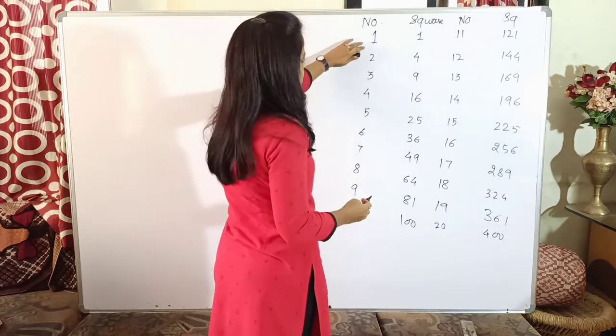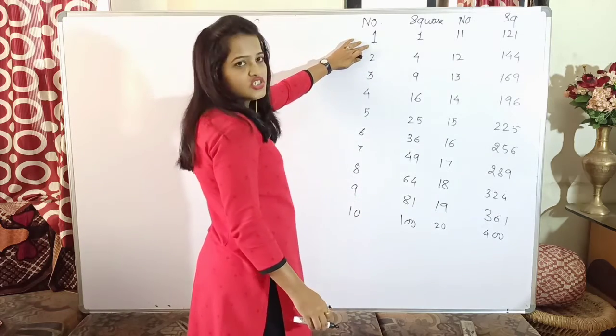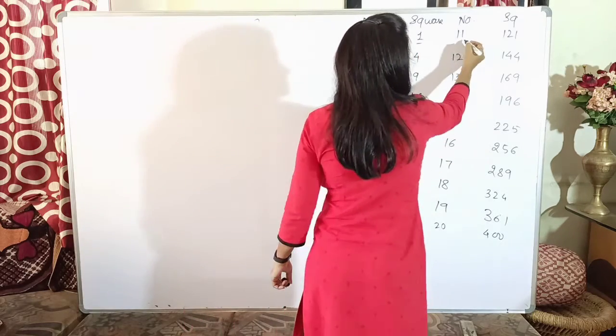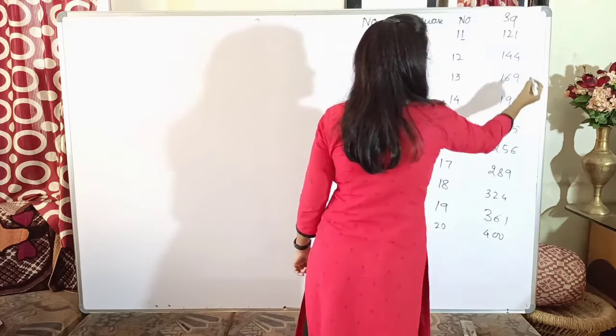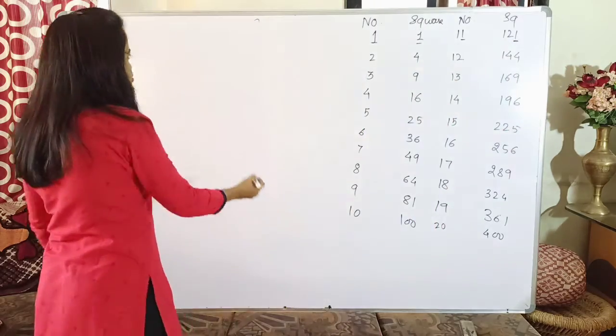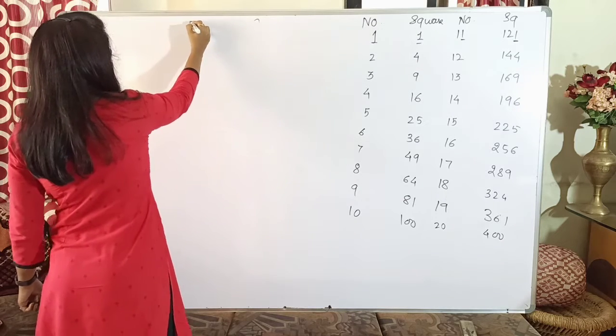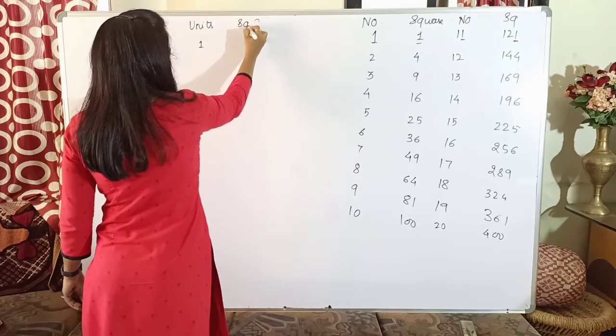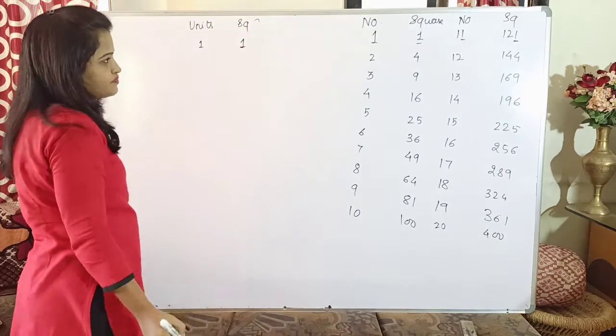As you can see, if the units place digit is 1, the square also has 1 in the units place.